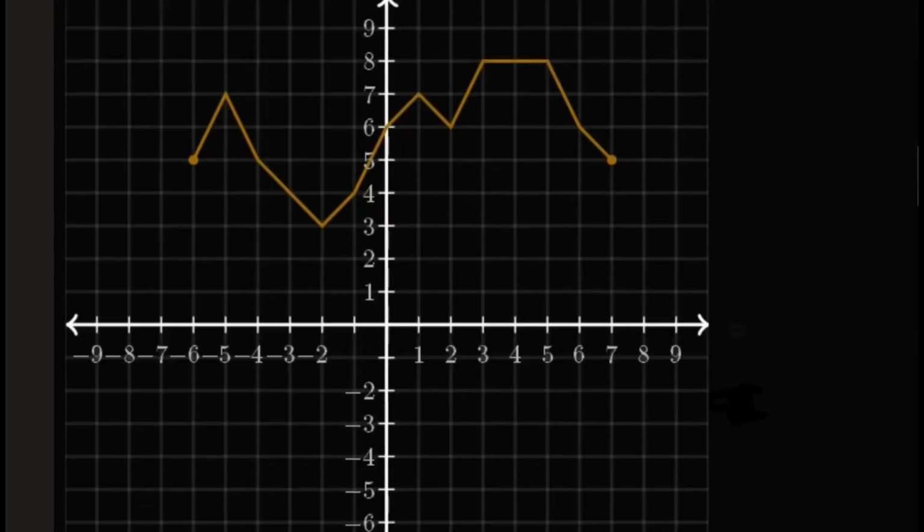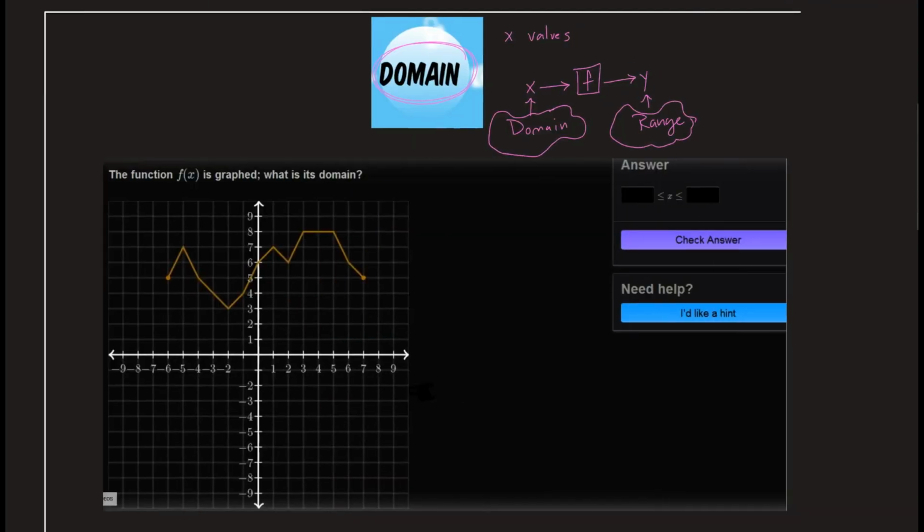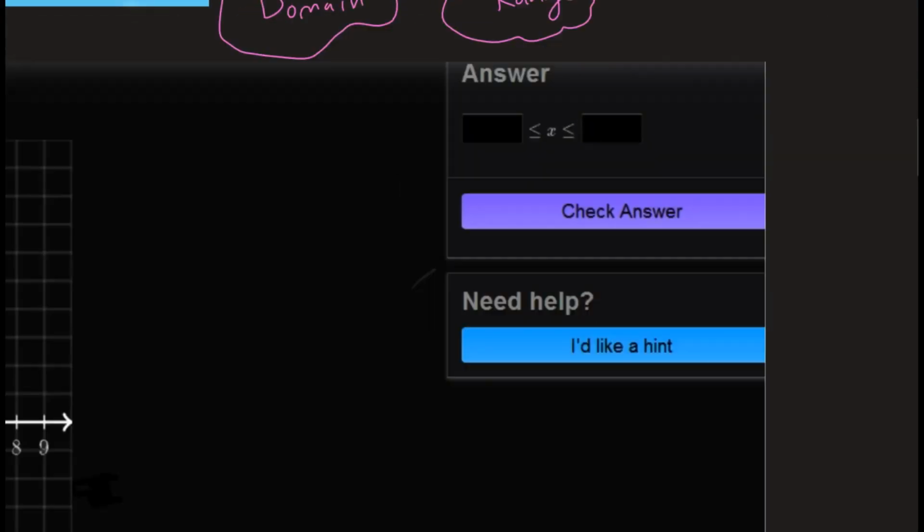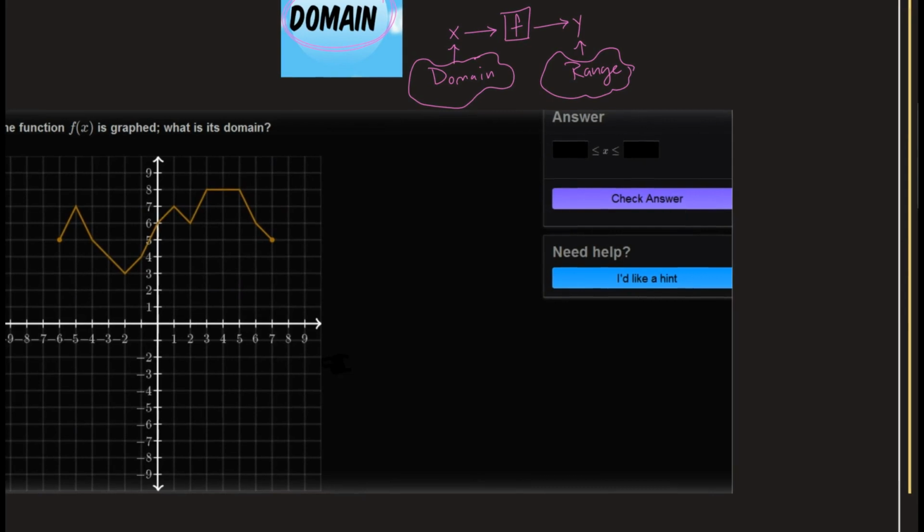So when we're being asked for the domain, our lowest x value is -6, and our max x value is 7.